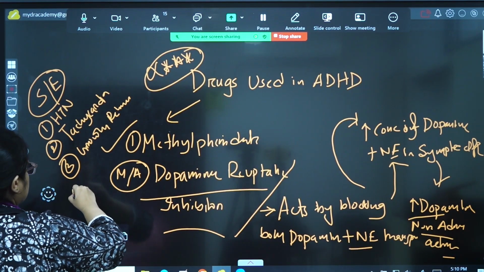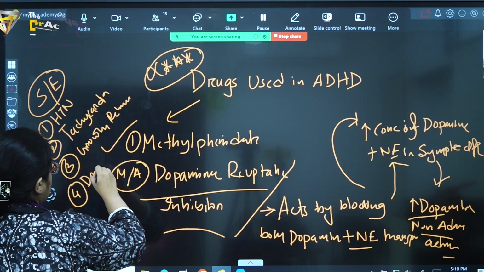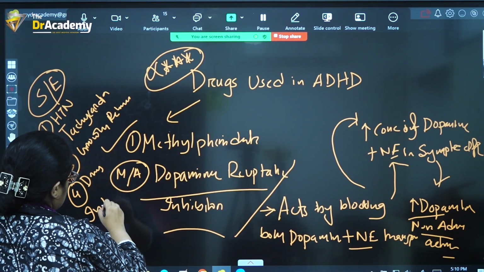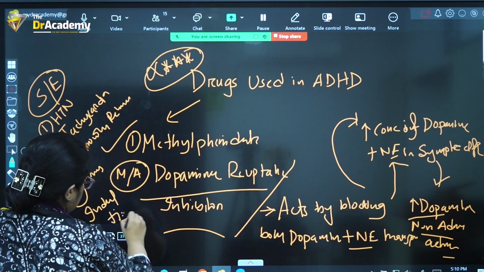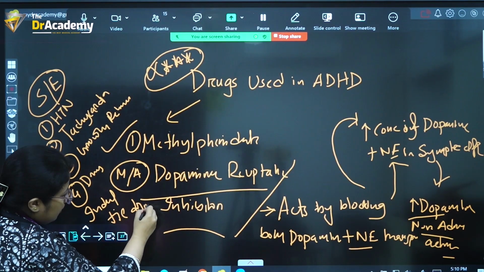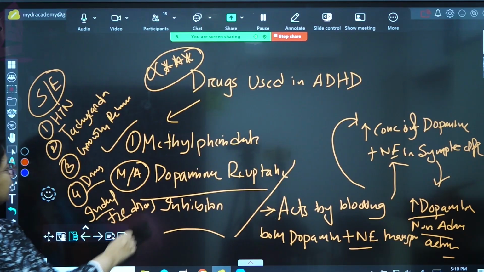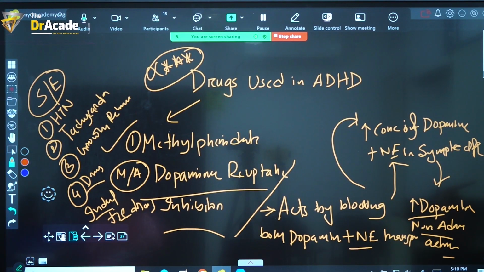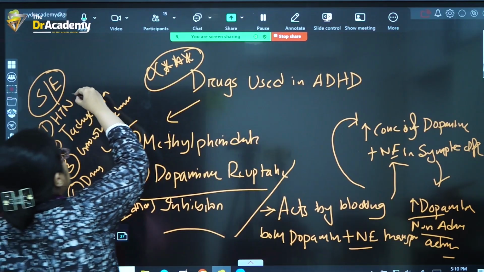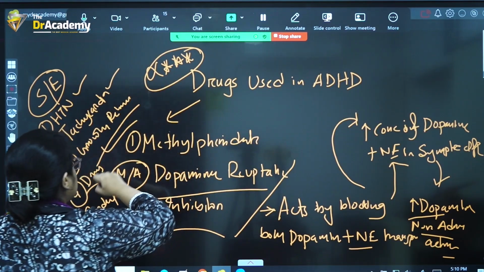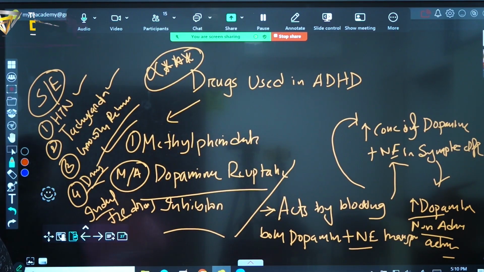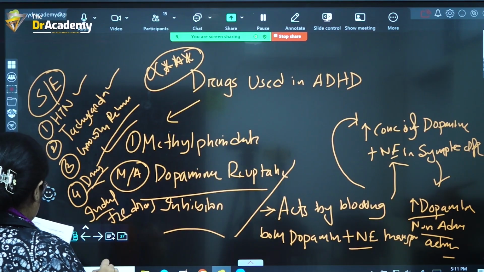And sometimes the drug-induced tic disorder. Drug-induced tic disorder, okay? So what are the side effects of methylphenidate? Number 1 is hypertension, tachycardia, growth retardation, and sometimes the drug-induced tic disorder.